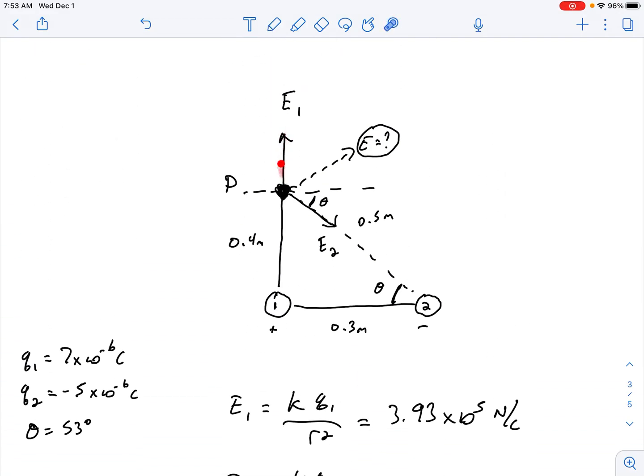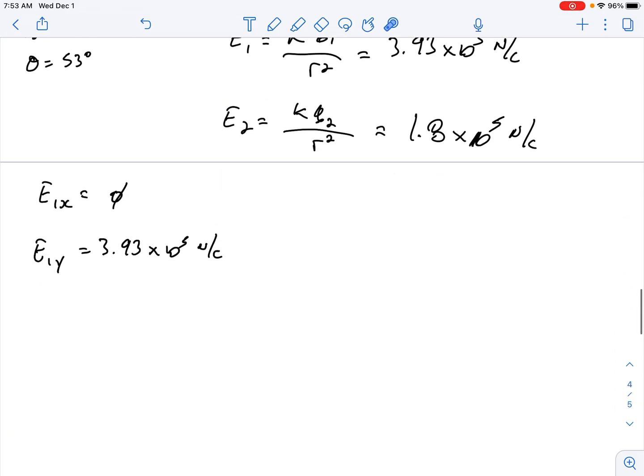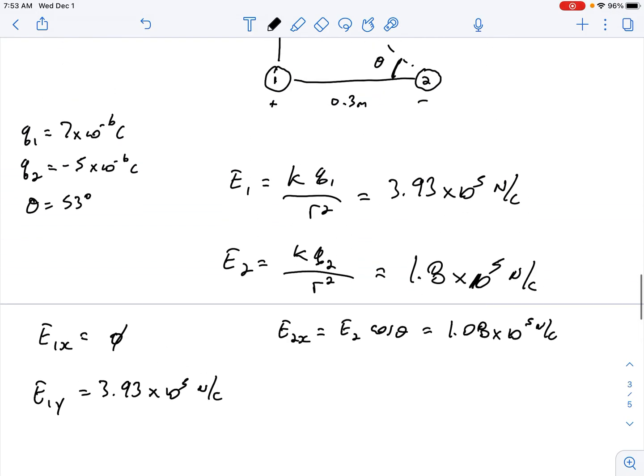E1 has all y component and E1 has no x component. E2x equals E2 cosine theta, which equals, when I calculated it, 1.08 times 10 to the 5 newtons per coulomb.